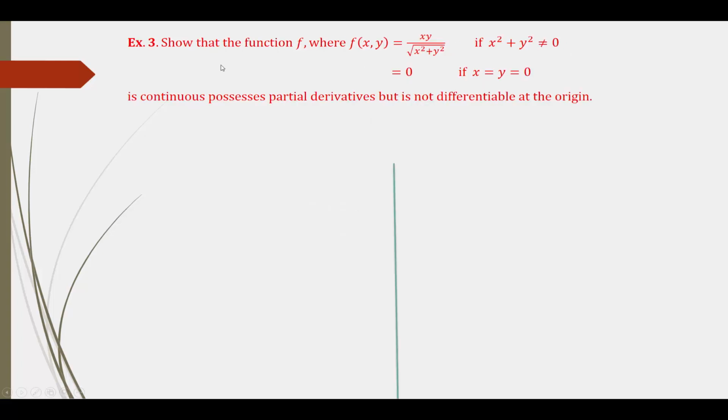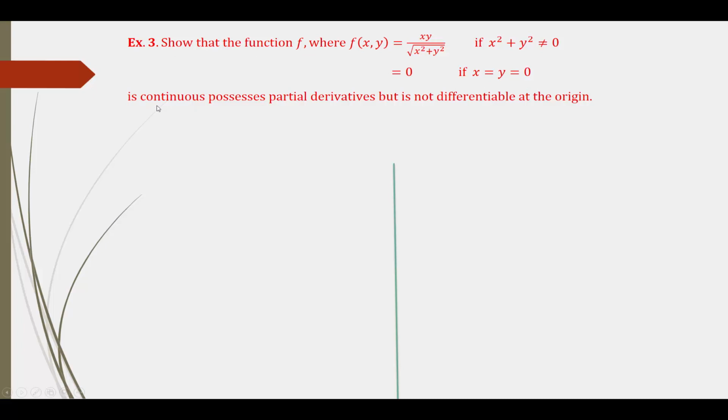Example number 3: show that the function f, where f(x,y) equals xy upon square root of x square plus y square if x square plus y square is not equal to 0, and f(x,y) equals 0 if x = y = 0, is continuous.